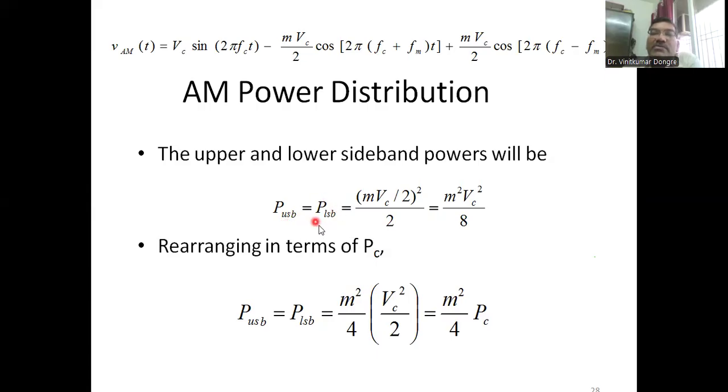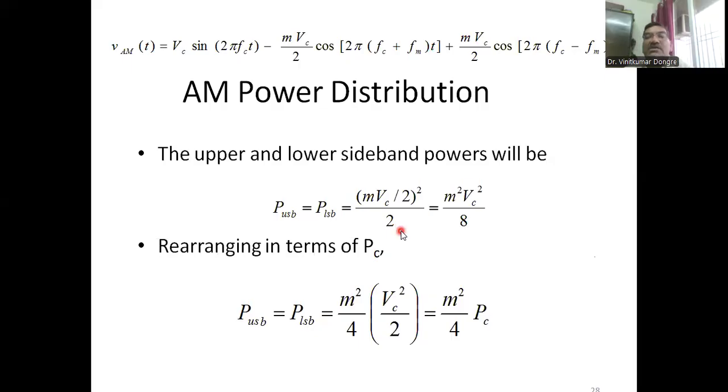So what is the power? As per this formula, take the upper sideband power. Which one is the upper sideband? FC plus FM. What is the voltage here? MVC by 2, so that is (MVC by 2) square, that is V square. This whole component is the voltage component. So (MVC) square by 2 divided by 2.